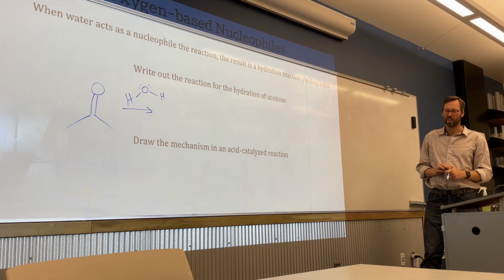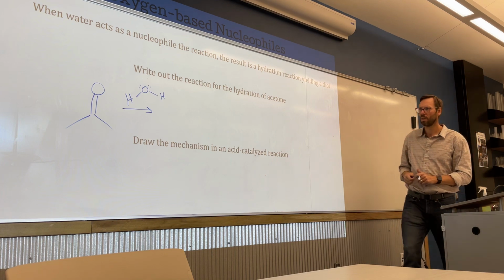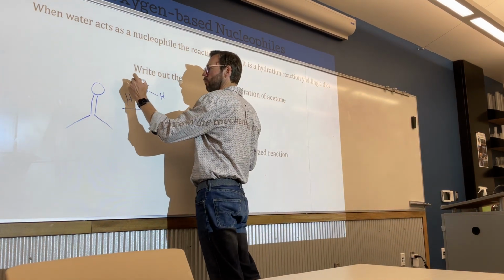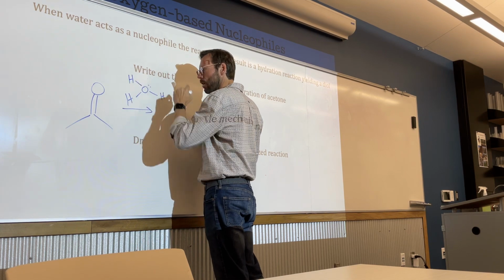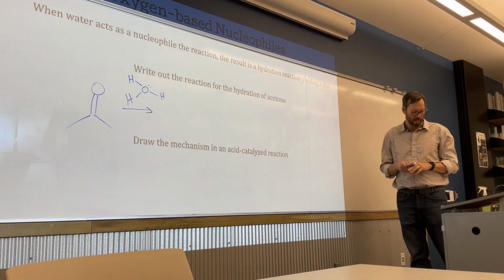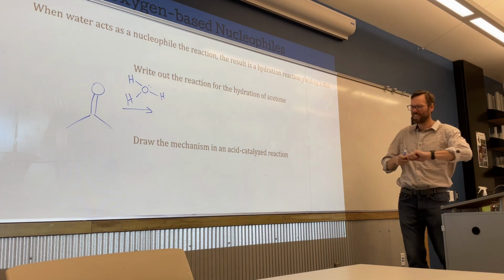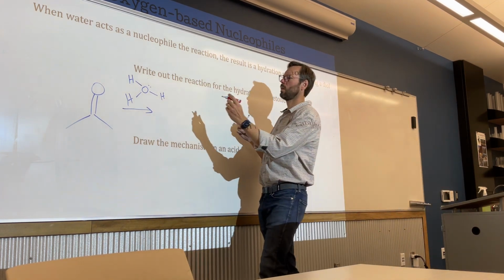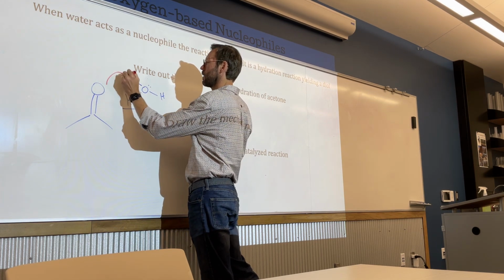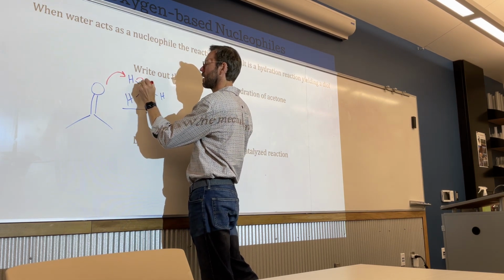Actually, I think this would be hydronium, right? We have to make it an acidic environment, and we have to have a hydronium so that we can readily take off that hydrogen. And so we have this oxygen is going to do this, right? And that's going to come there.